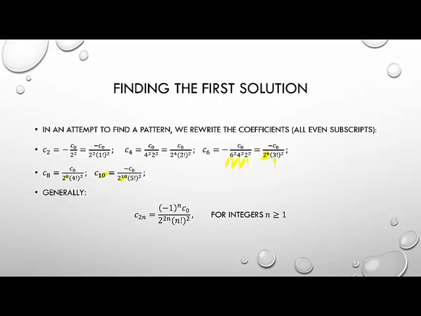And if we take a look at the relationship now between the c and the c naught, the c sub even number, any even number, is going to be plus or minus, depending on which n you're at, c sub 0, and this denominator is going to be 2 to that same index, and then half of the index factorial quantity squared.